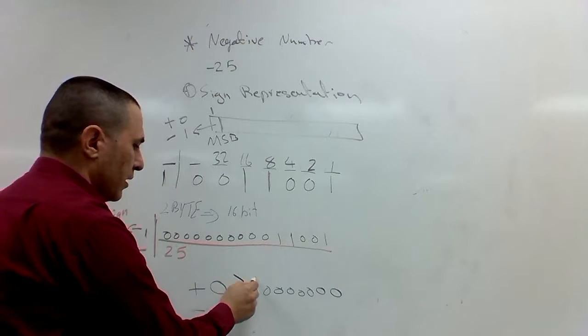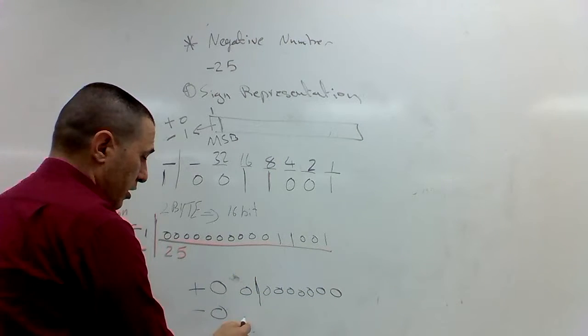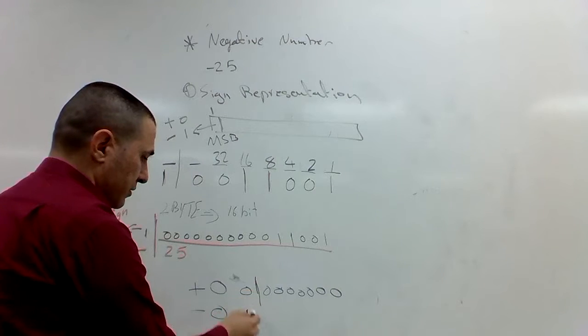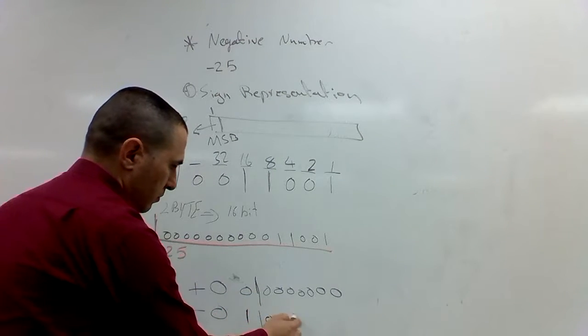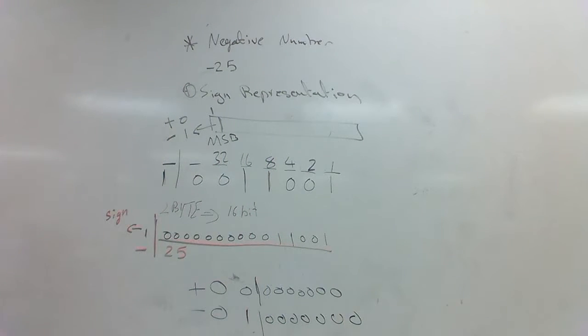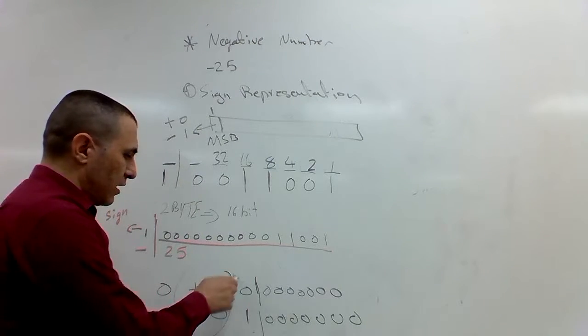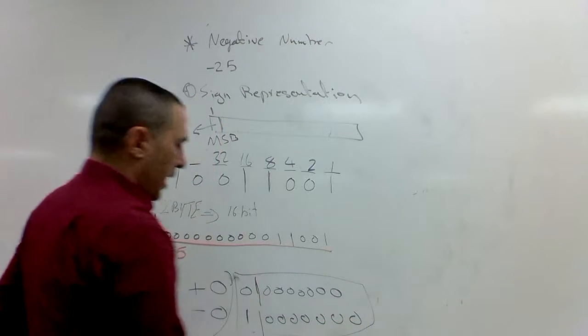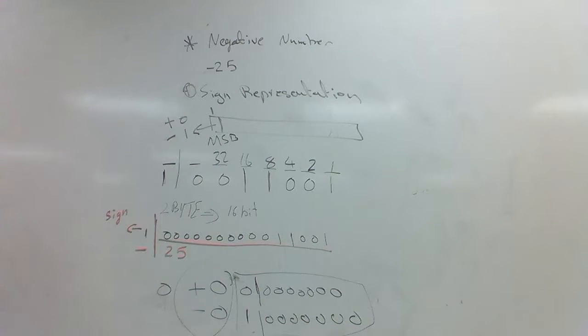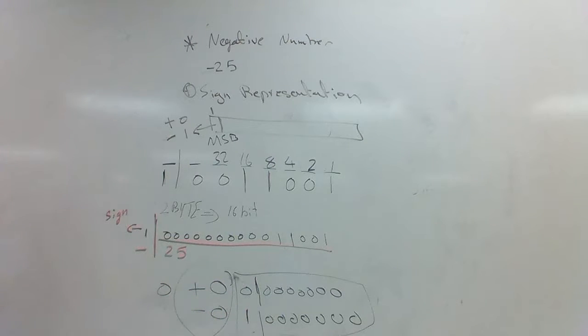This is for the sign, and this is for the number, and negative 0 is what? 1 followed by 7 zeros. And those two are 0, they have the same value. I have 2 representations for the same number. And this is bad.